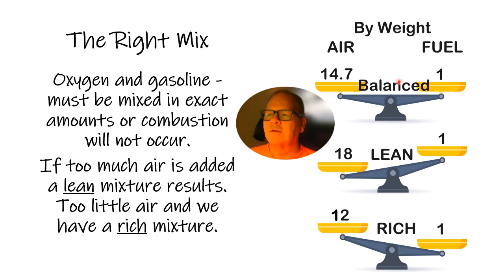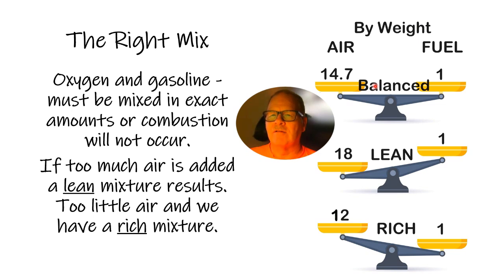But here's your balance, 14.7. You notice the air, about 14.7 to 1. Look at that. 14.7 to 1 is also your stoichiometric balance for your fuel, and this is by weight.